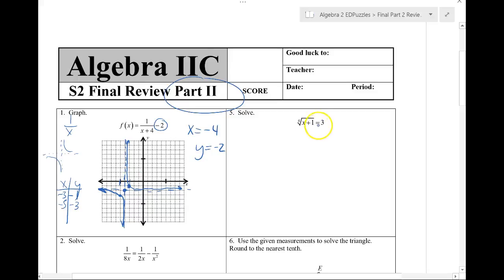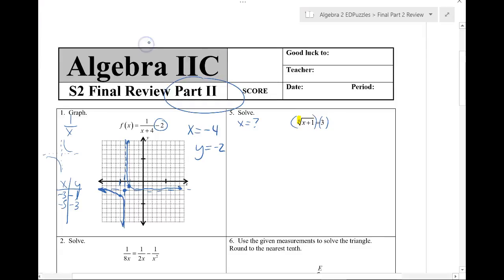Now this one, we need to solve this. We need to find what x is equal to. Okay? Well, I have a radical here, and I need to get rid of it. In order to get rid of it, I need to raise each side to a power, and that power is determined by whatever your index is on the radical, which is in this case 4.